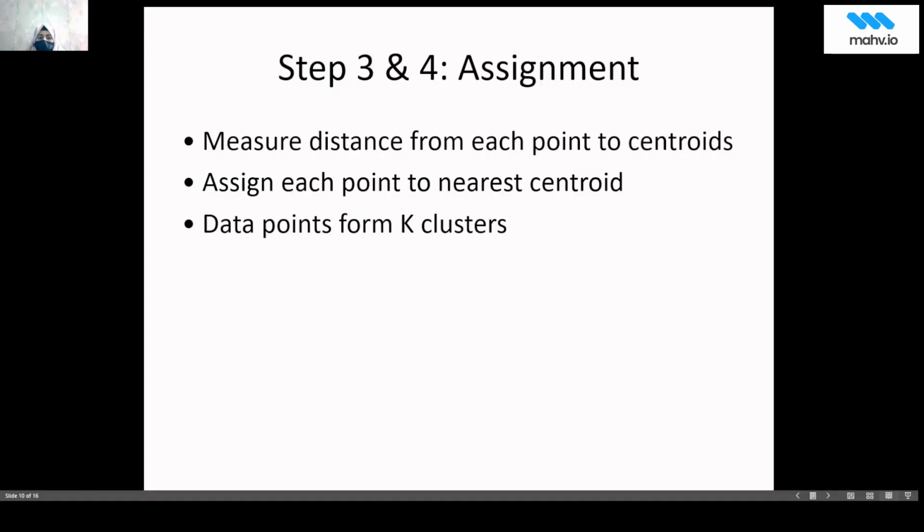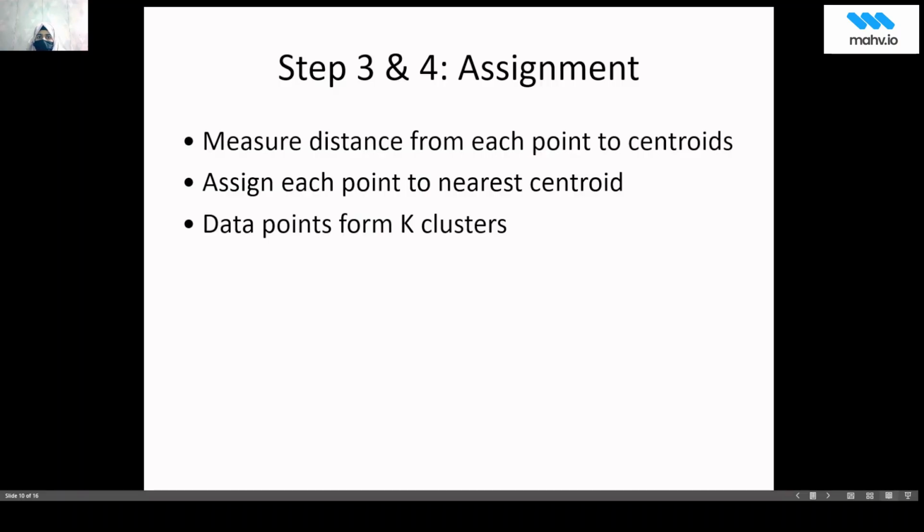Data points form K clusters. So it measures the distance, and the cluster that gives us less distance is selected. For example, K1 and K2 are two clusters. When we apply the distance formula, K2's answer is less than K1's. So the answer that is minimum is selected and included in that cluster.